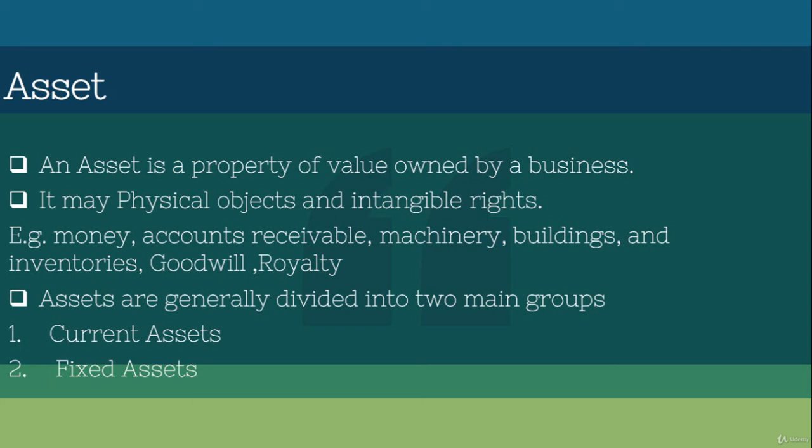So those things are called assets. I have given a lot of examples for assets: money, accounts receivable, which means receivable from the debtors, machineries, buildings, inventories, goodwill and royalty. An asset, we are going to divide into two categories: current asset and fixed asset. So what is a current asset and a fixed asset?